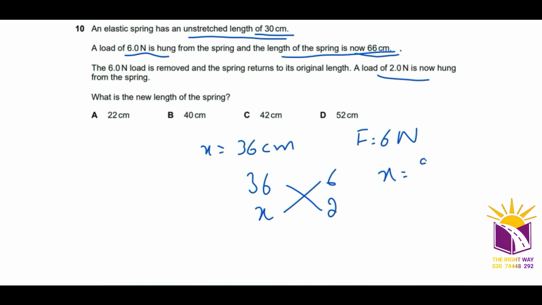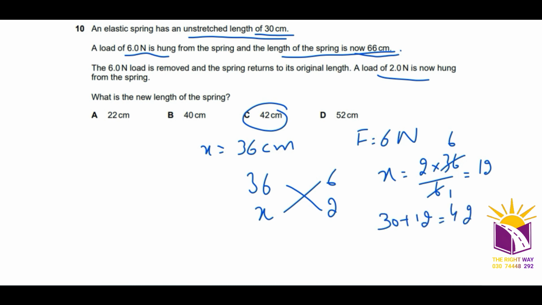X is equal to 2 multiplied by 36 divided by 6, which is equal to 12. So the extension will be 12 centimeter. Now what is the new length of the spring? The new length will be 30 plus 12, which is equal to 42 centimeter.